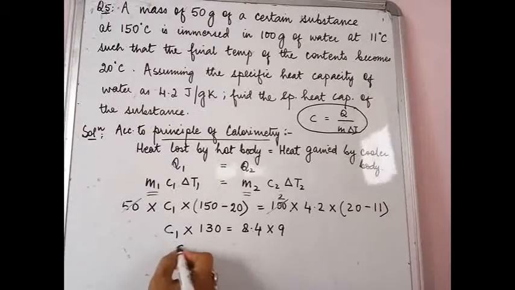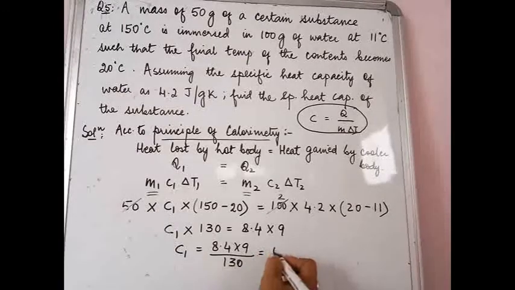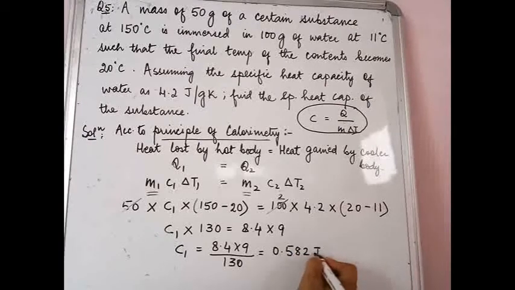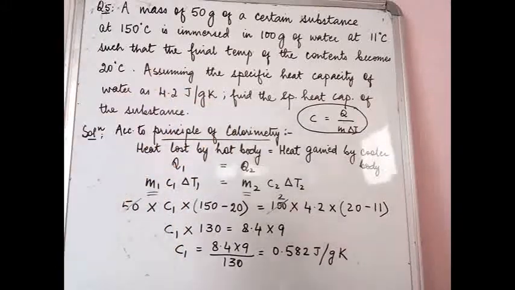Now C1 can be written as 8.4 multiplied by 9 divided by 130, and when you do this division you will get a final answer of 0.582 joules per gram Kelvin. The reason I have written gram here is because all the other specific heat capacities were also given in joules per gram Kelvin. So this is my final answer.